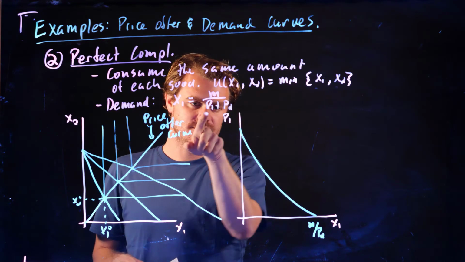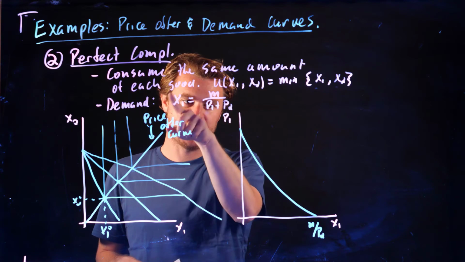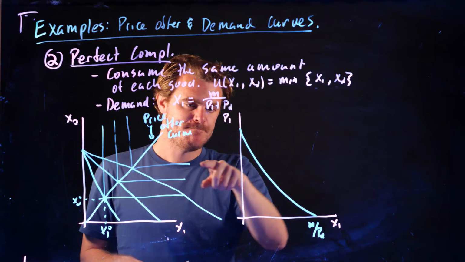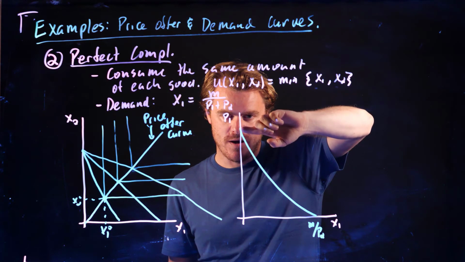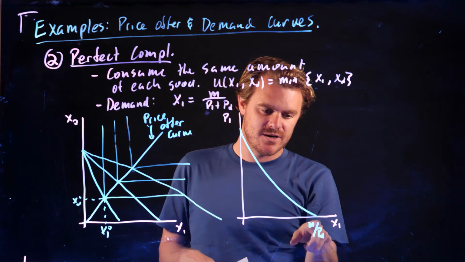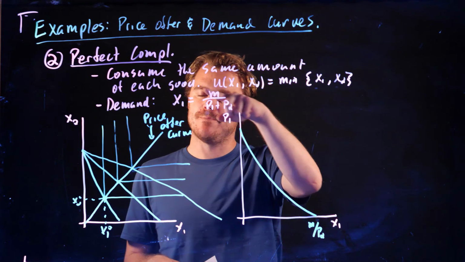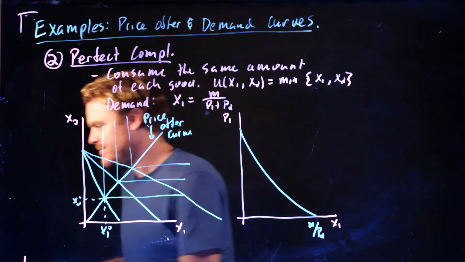The denominator is getting smaller, so everything's getting larger. And the quantity demanded is going to keep on going up until the price equals 0, and that's what this intercept is here. So this is what the demand curve for these perfect complements looks like.